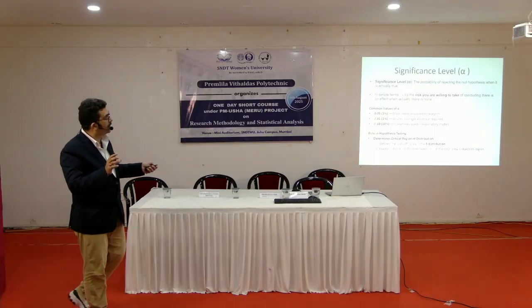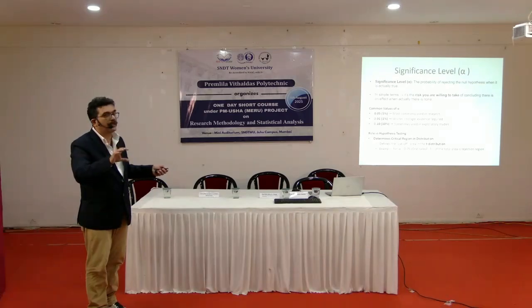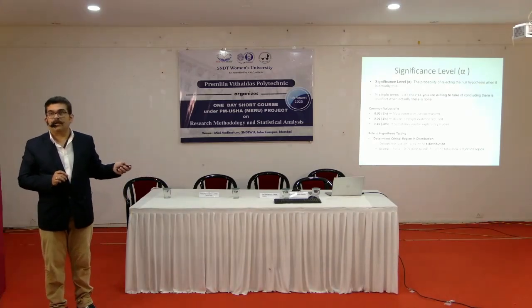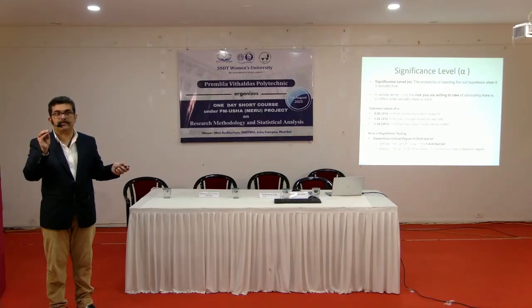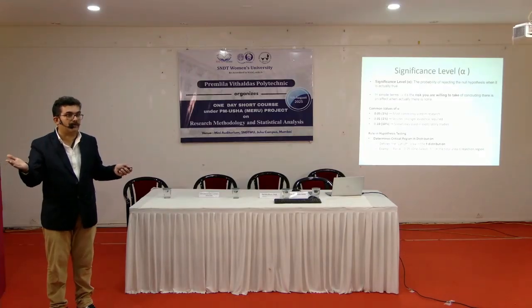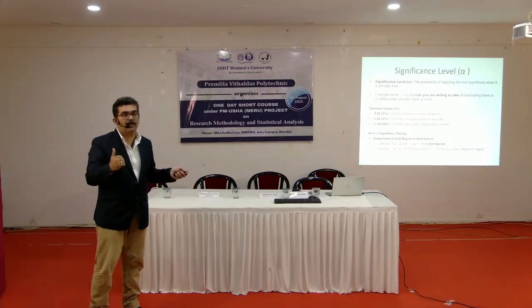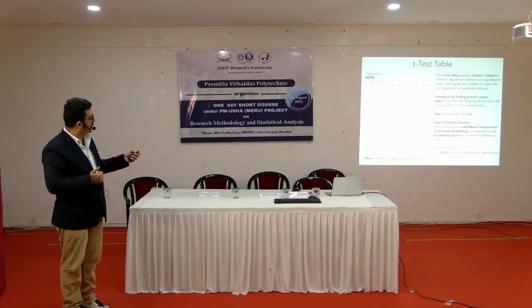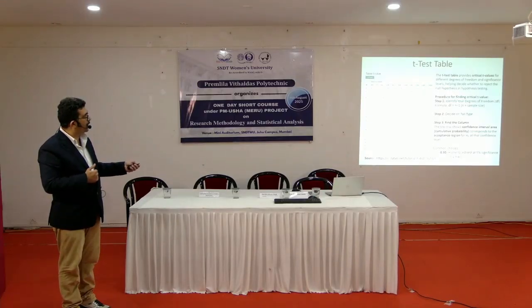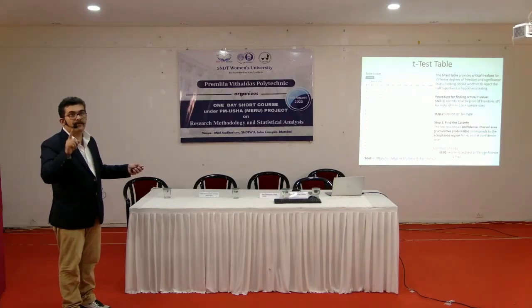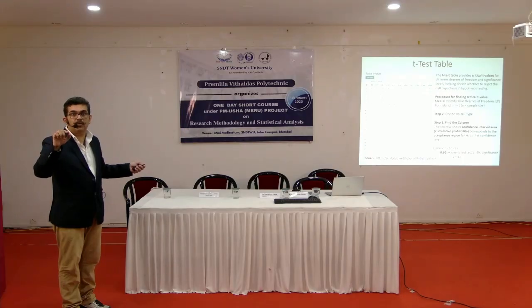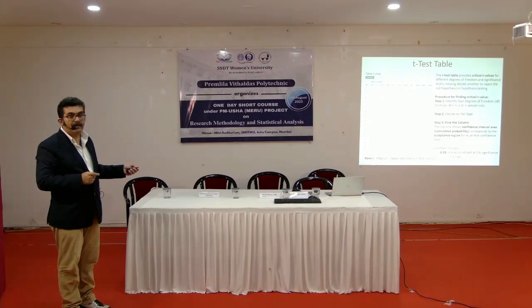This significance level tells you the probability of rejecting the null hypothesis. 5% chances are there that we may reject our hypothesis, and 95% chances we may accept our null hypothesis. So in the t-table, the first row is the confidence level, which is 1 minus alpha. I have taken 5% significance level, so divided by 100 it comes to 0.05. So 1 minus 0.05 comes to 0.95.